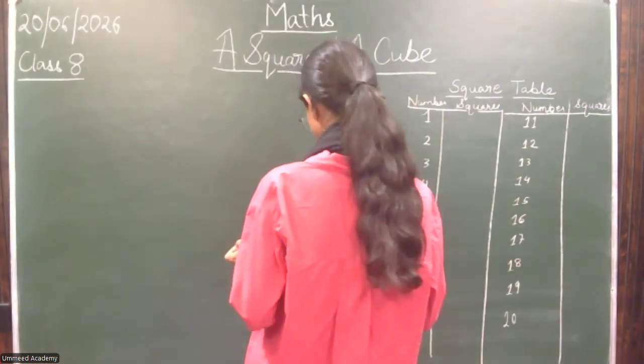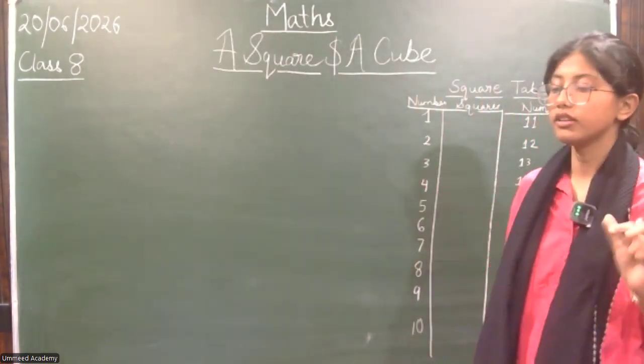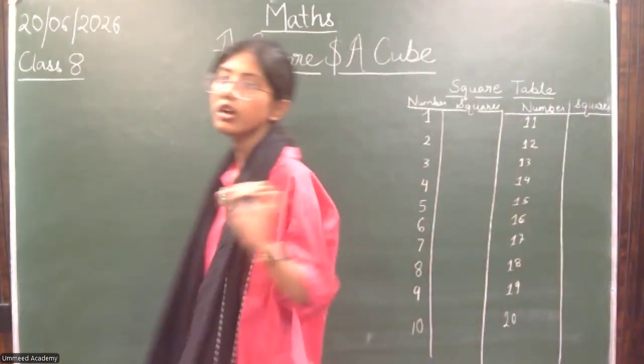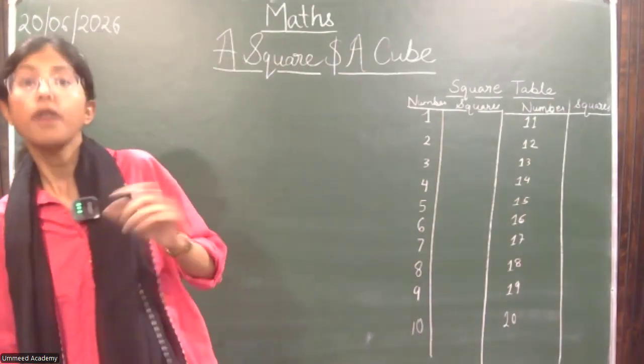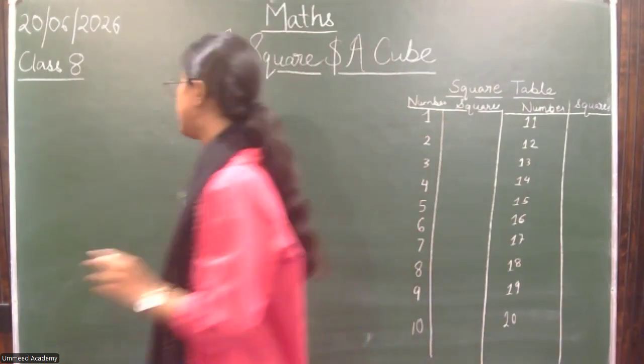Yes, ma'am. Okay. So today we will be studying the chapter A Square and a Cube, and we will be talking about the square numbers, perfect squares, some patterns, cube roots.